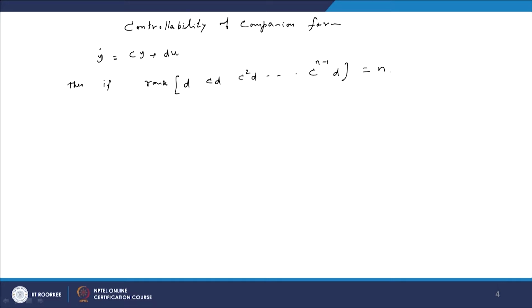This is the Kalman condition. Then the system is controllable.